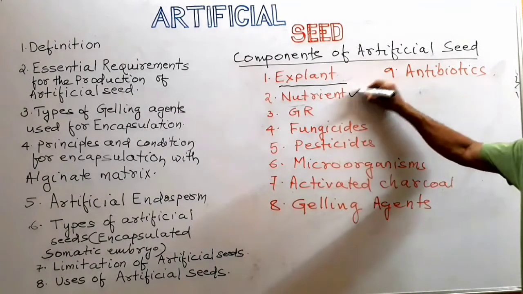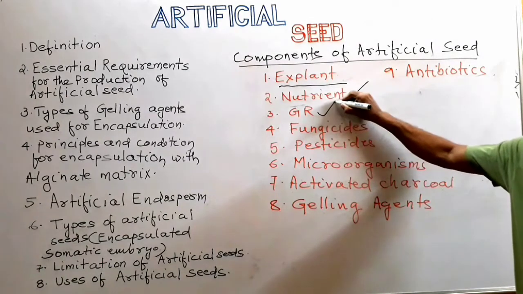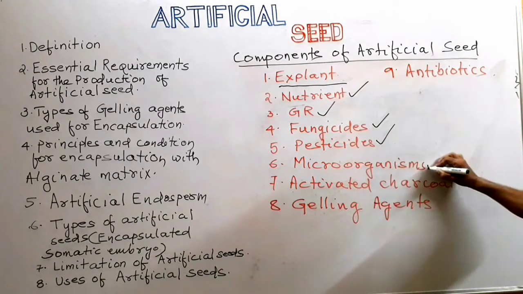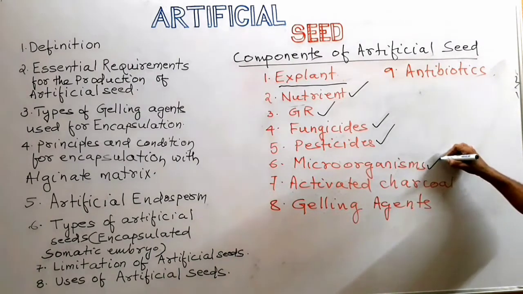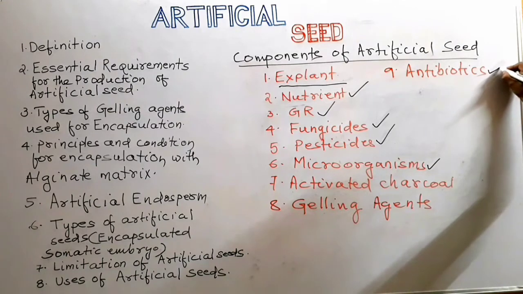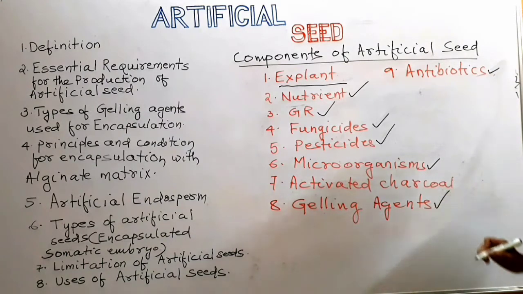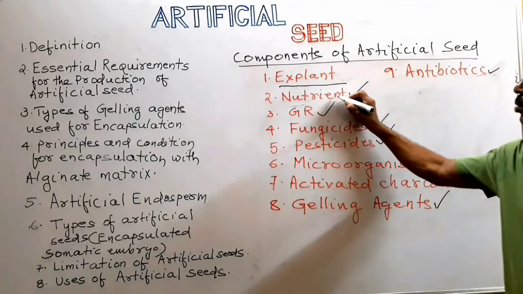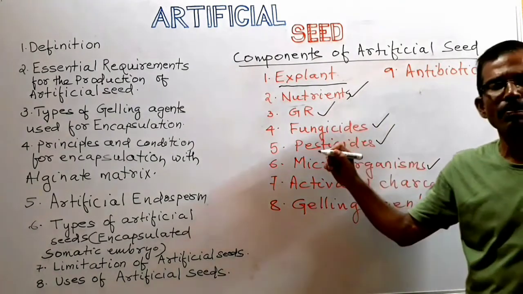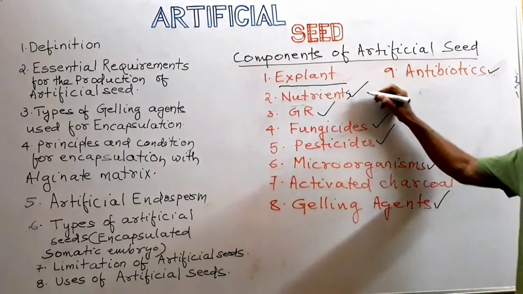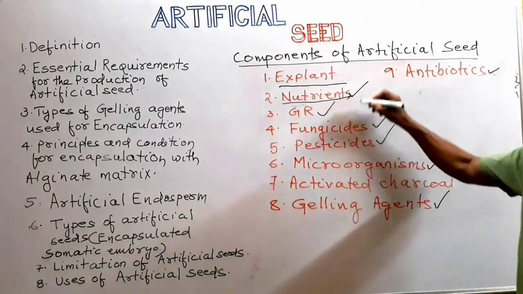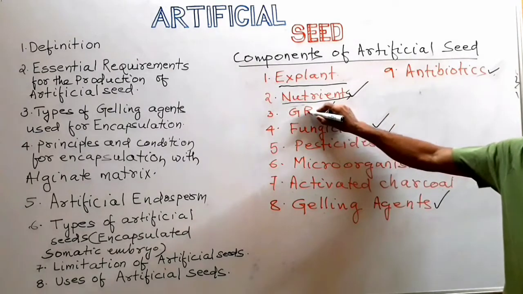are nutrients, growth regulator, fungicides, pesticides, microorganisms, for example rhizobia, activated charcoal, antibiotics and a suitable gelling agent. First is nutrient. Nutrients include both organic component and inorganic component. The organic component is the source of carbon. Next is growth regulator.